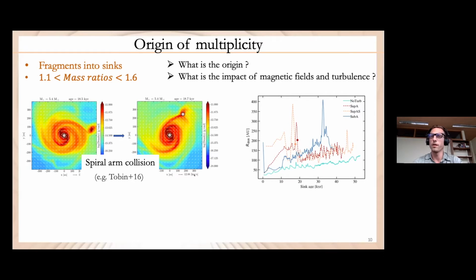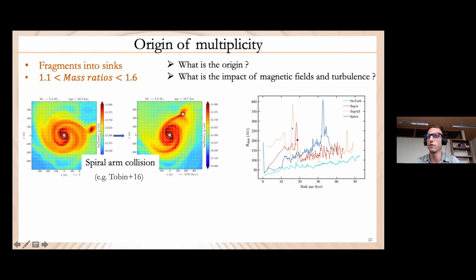And what we find is that if we take a look here at the disk radius as a function of time, and we plot as circles the time at which a secondary sink forms, it always forms just after a peak in disk radius that was actually due to the very large growth of a spiral arm.